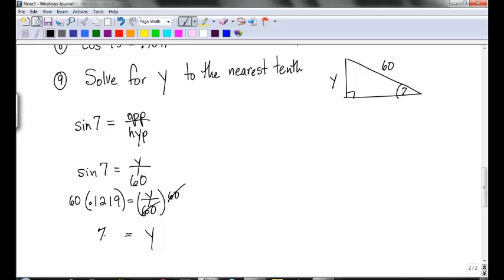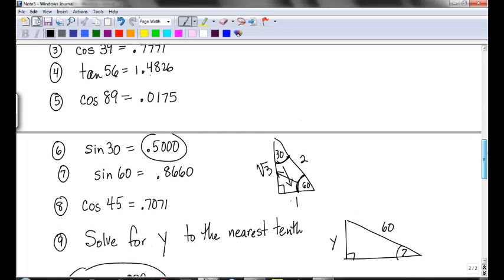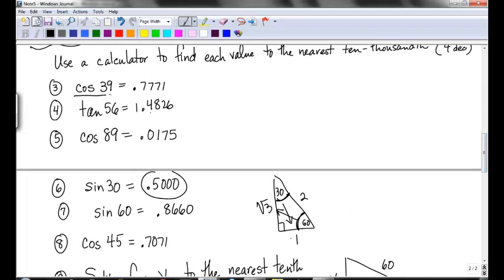And my y is 7. Now what do they want it to? Yeah, nearest tenth, so I am going to look at that 1, so I'm going to leave it at 7.3 equals y. Okay? So basically, I want you to write it out in words first, and then you substitute in, and then you multiply. Okay, now, up here, I gave you the angle, and I said find the value of the function.